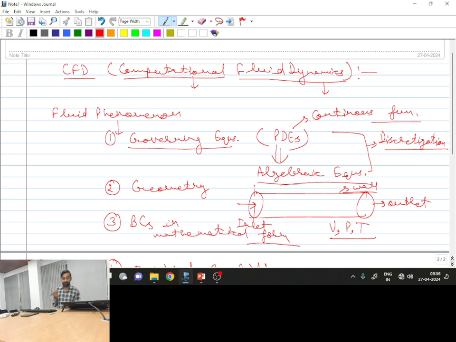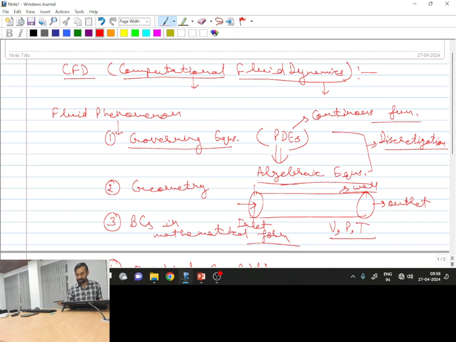So in this process of converting our partial differential equation into a set of algebraic equations, we need to first convert our domain into a large number of discrete locations, and only then can we do the process of discretization.